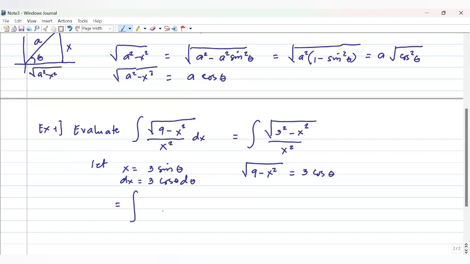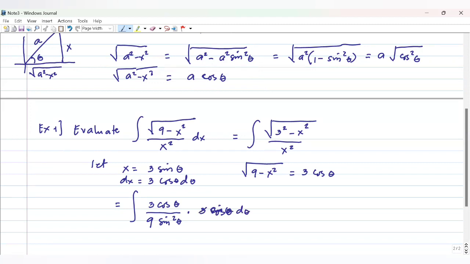So substituting everything in here, this will be 3 cosine theta over what is your x? That is 3 sine theta, so that is 9 sine squared of theta. And what is your dx? Our dx is 3 cosine theta d theta.